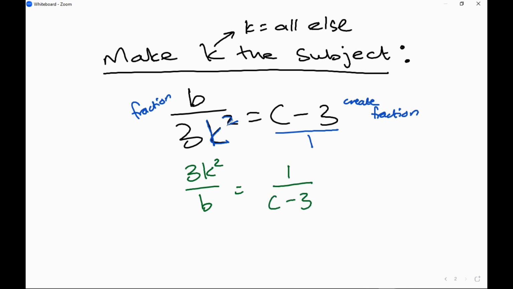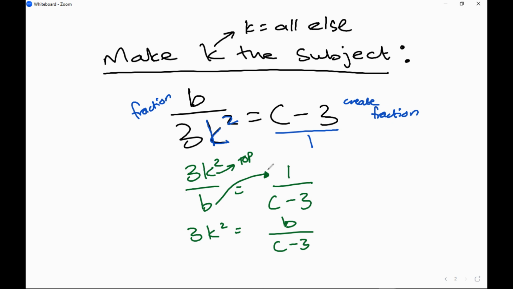And why am I doing that? Because I want to bring the k to the top. At the bottom, it doesn't really work. So I need to bring it to the top for it to work. Then I take the b over, like that, and I get 3k squared equals b over c minus 3.